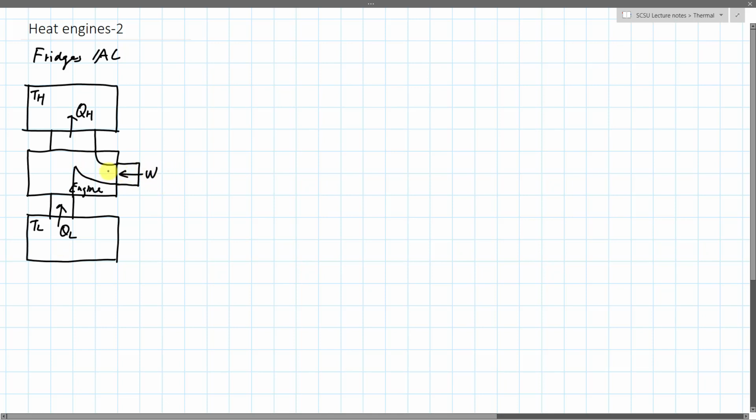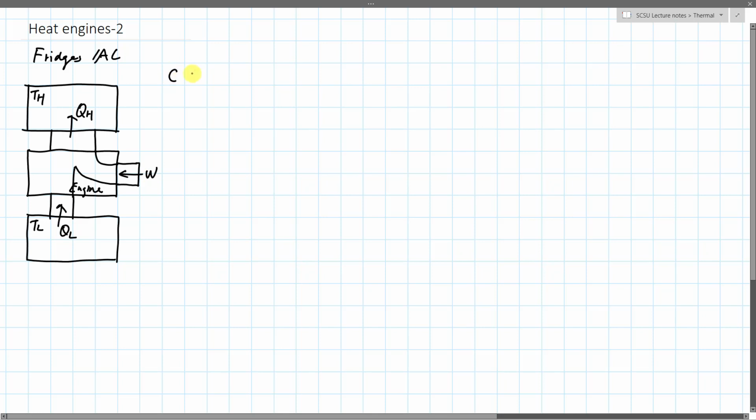You do some work so that you can take heat out of a low temperature source, and dump it into the high temperature source, but you dump more than you actually absorb, because the work also turns into heat and gets dumped in here. So now the goal is how much heat you can absorb from the low temperature source and under how much work you have to do.